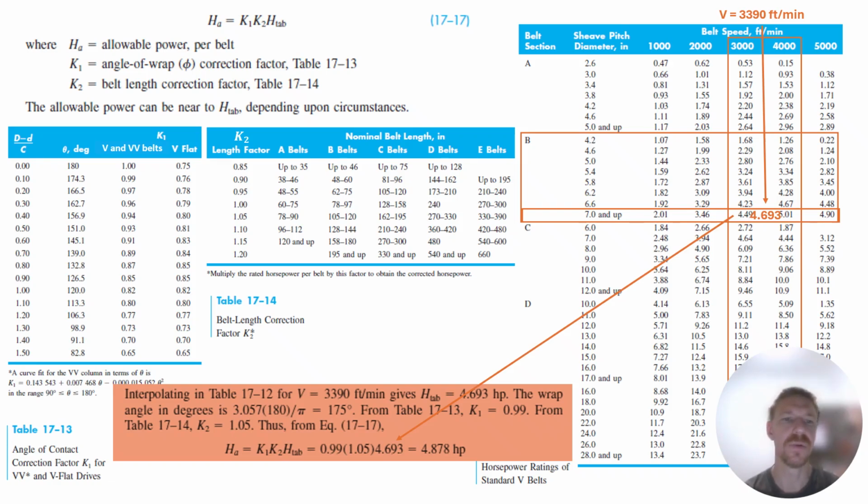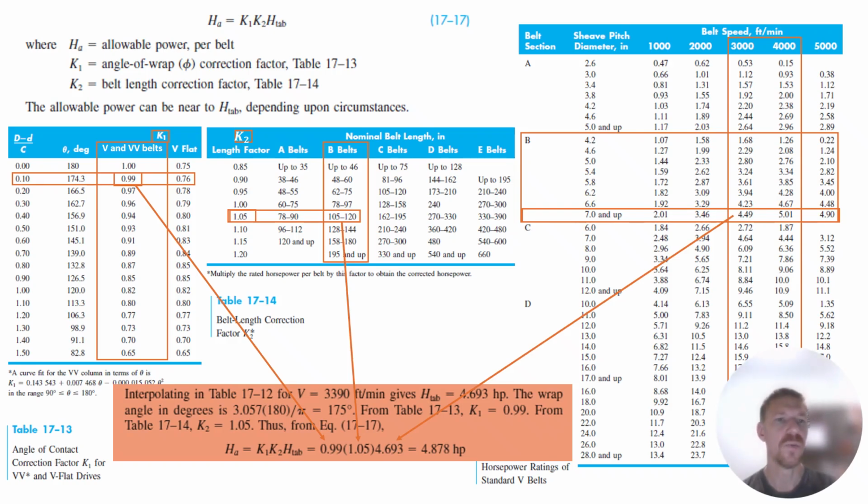Now in table 17-14, in the middle, belts A, B, C, D are arranged vertically. And you read the K2, the length factor, from the first column, the left side column. So we find our B belt with the appropriate amount of length. Ours was between 105 and 120 inches. Specifically, I think it was 113.8. And so that gives us our K2 value.